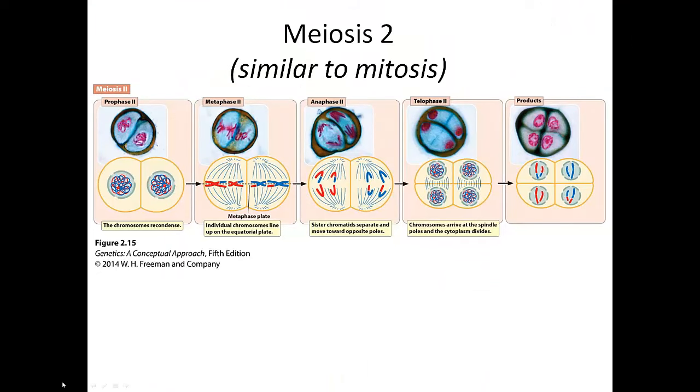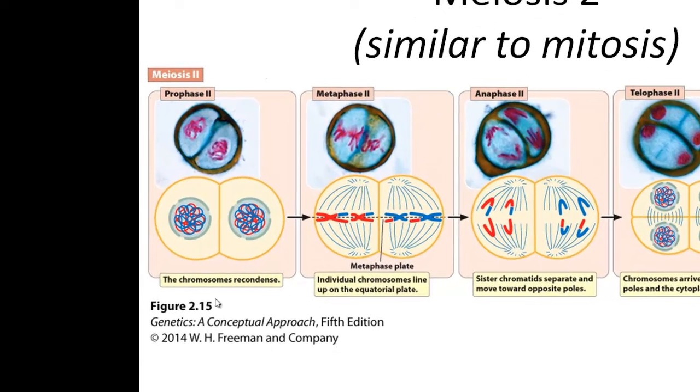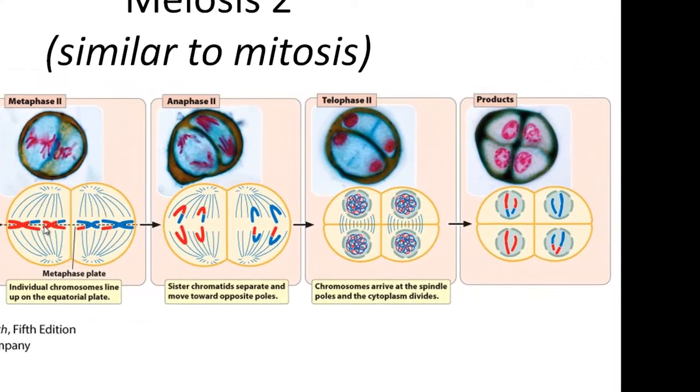Meiosis 2 is very similar to mitosis. In prophase 2, the nuclear envelope breaks down, the chromosomes condense, and in metaphase 2, those sister chromatids align at the metaphase plate in both of those 2 cells that have formed from the previous cell division.